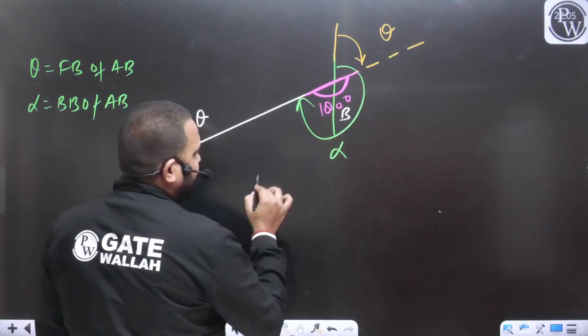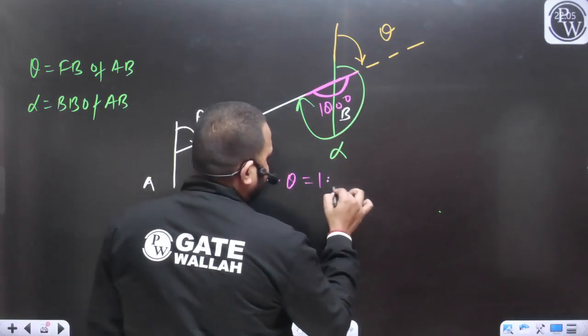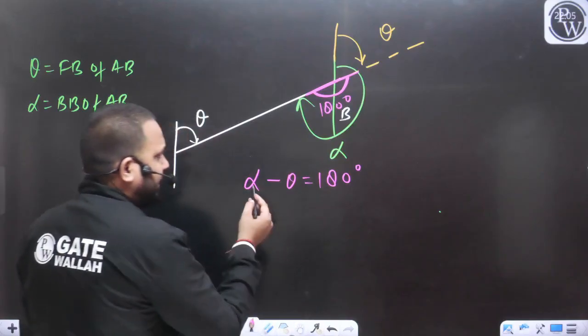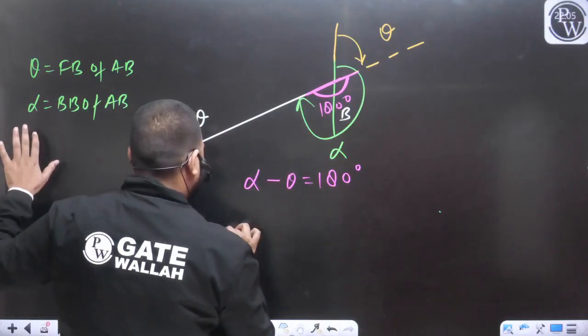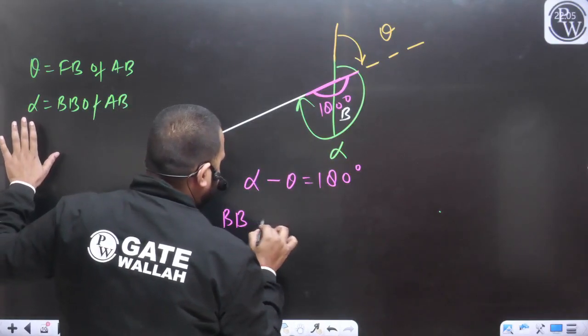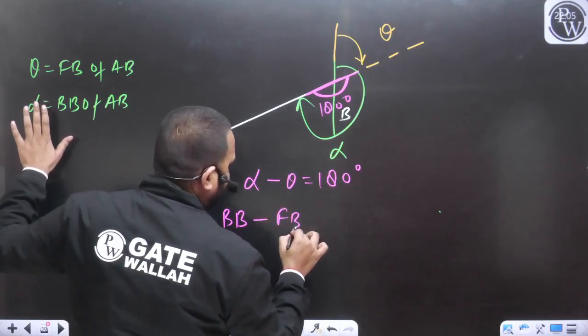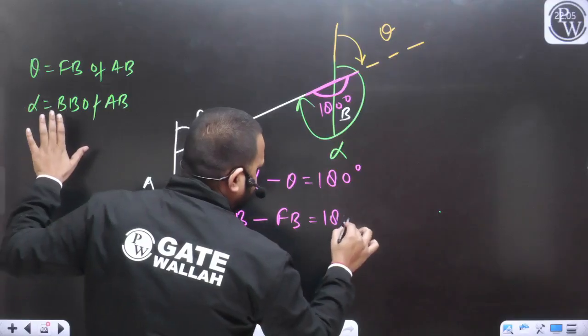So alpha minus theta will be equal to 180 degrees. Alpha is the back bearing of the line AB and theta is the fore bearing of the line AB.